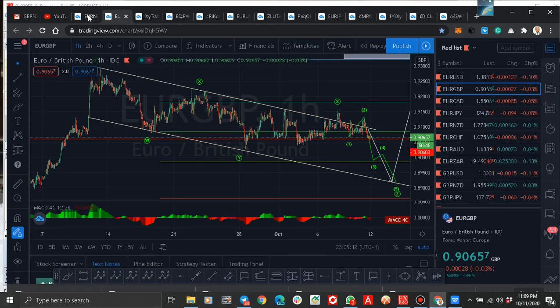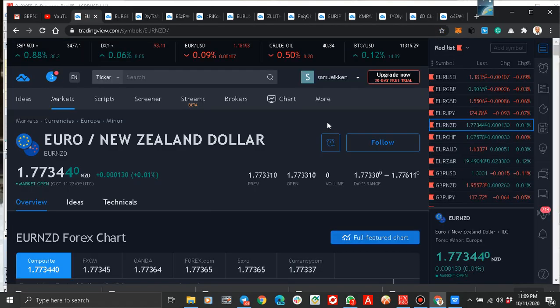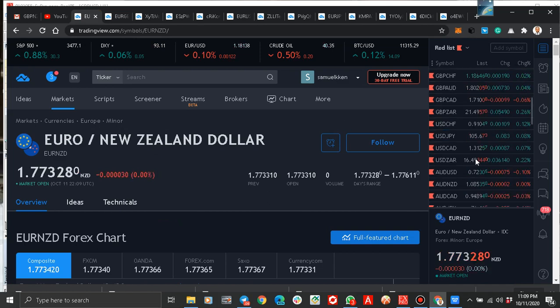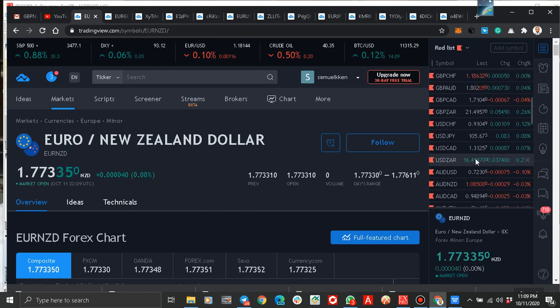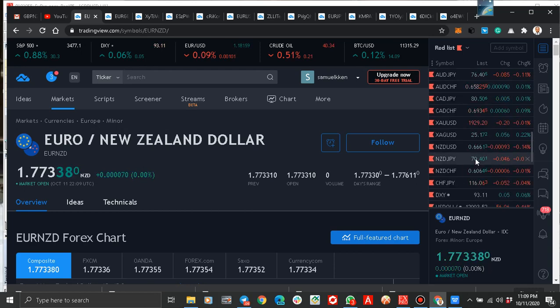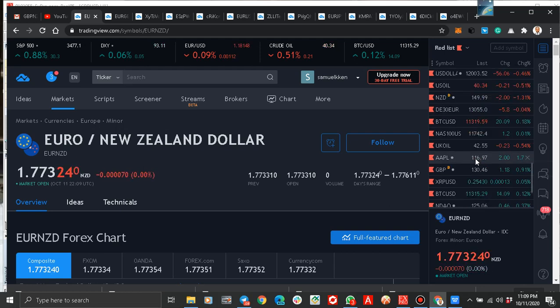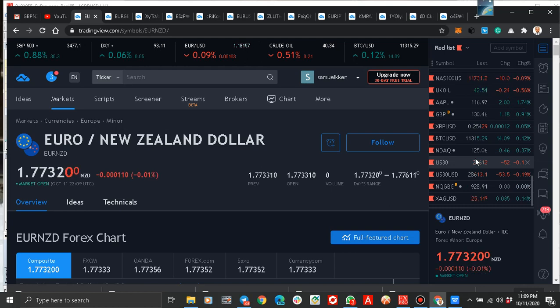Or do I look for another pair to have a look? It's been long. I touched one of my favorite pairs, USD ZAR. It's been long. Do I go to it now?